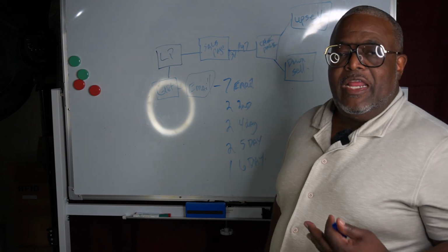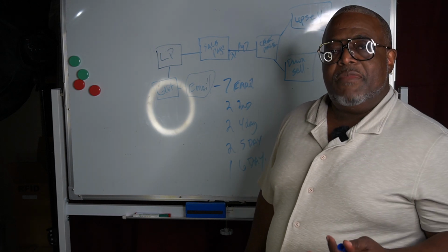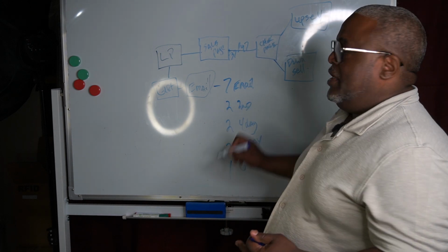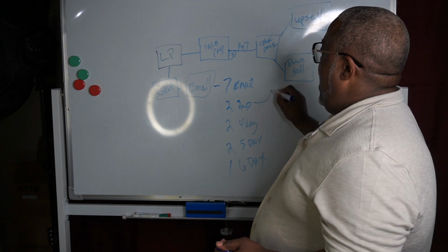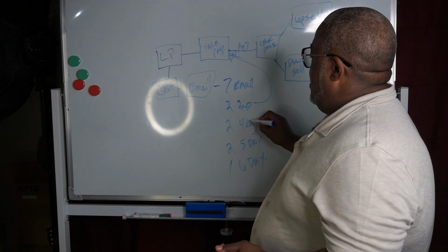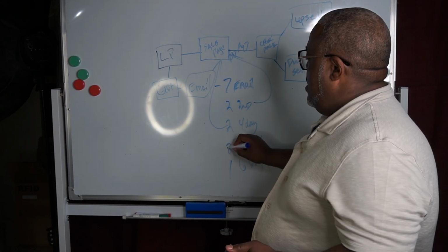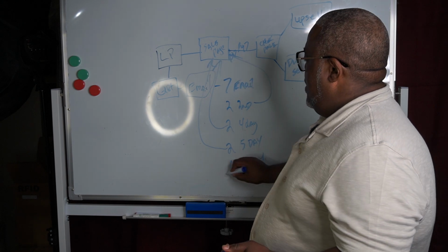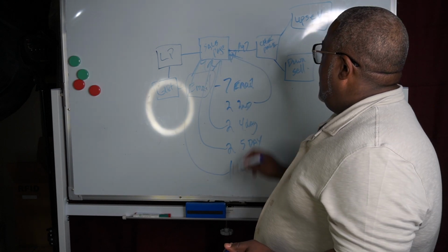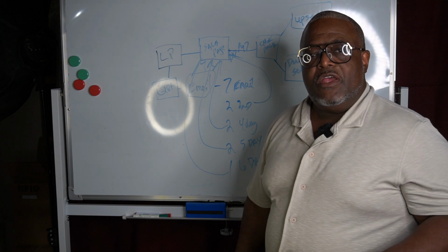So basically over the next 7 days, they're going to receive 7 emails. And each email is going to attempt to take them back to the sales page, where they can then become a happy customer and go through the whole entire sales funnel.